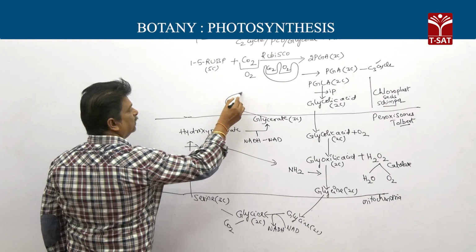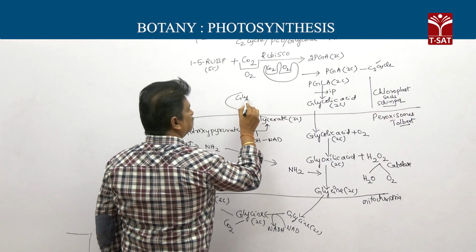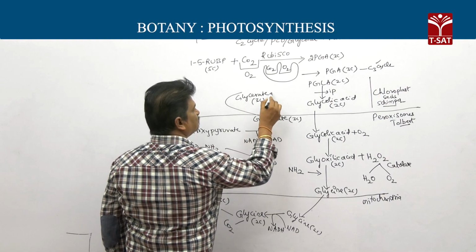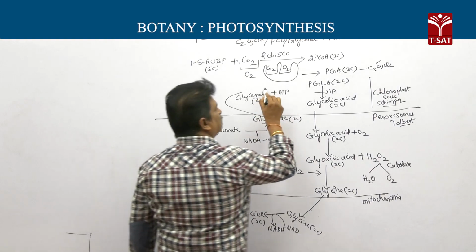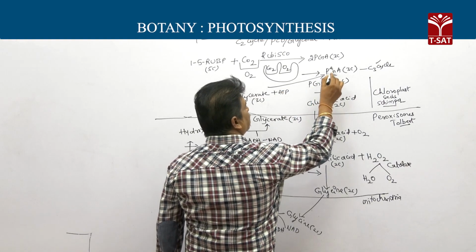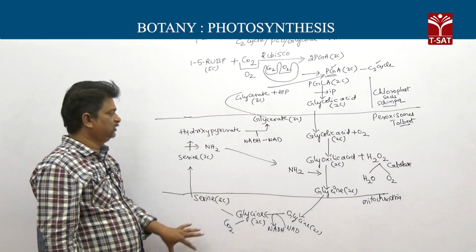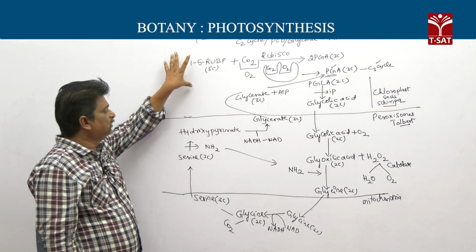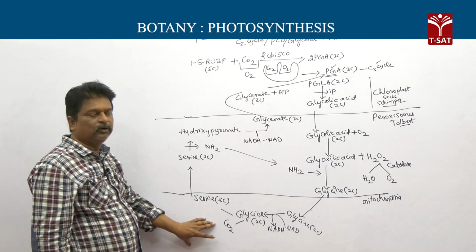Finally, this glycerate enters into chloroplast, reacts with ATP and forms phosphoglyceric acid and participates in the C3 cycle. So, photorespiration occurs in 3 cell organelles: chloroplast, peroxisome and mitochondria.